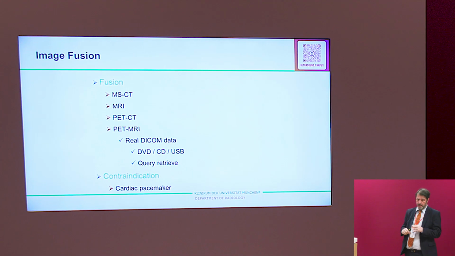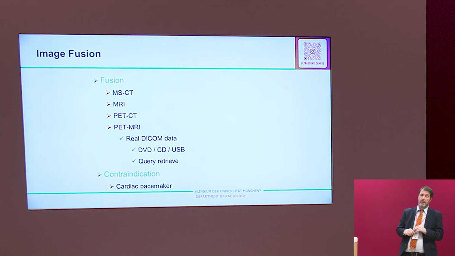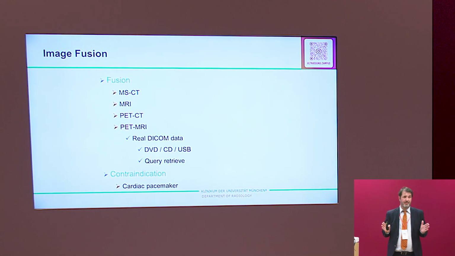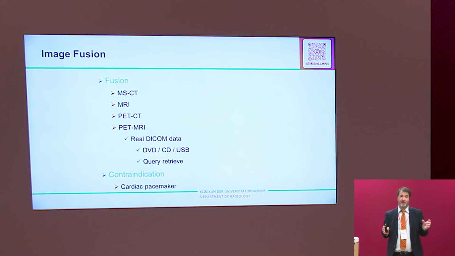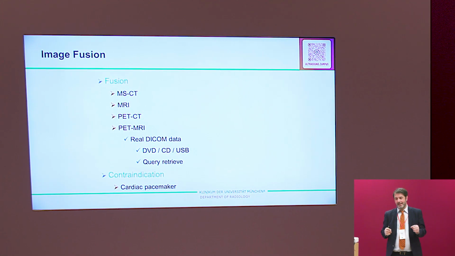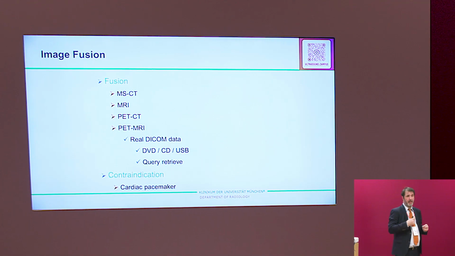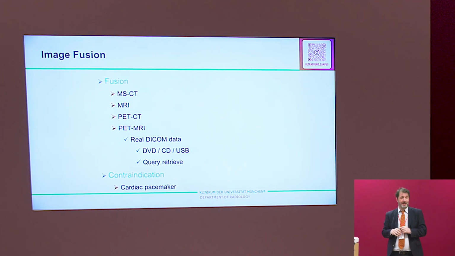There's one small risk you have to think about. We need a magnetic generator to track the movement of the probe. This might interact with a cardiac pacemaker. So patients with a cardiac pacemaker are not the best patients to include.